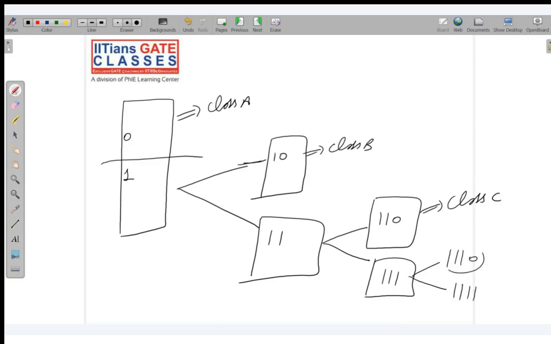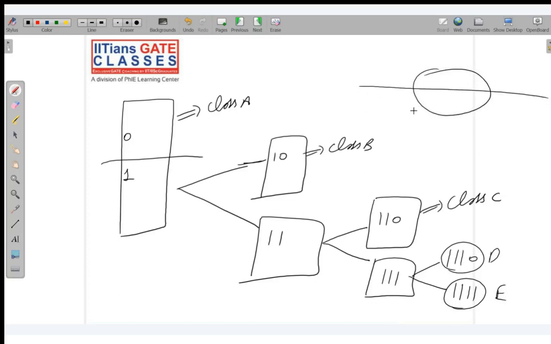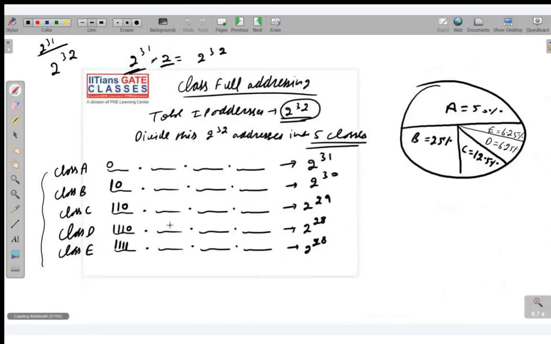So this is given to class D and this is given to class E. Are you getting it? You can imagine it just like a circular cake we are having: half, then 1/4, then like this. So these are your classes. Take a snapshot. Now they are going to ask about first and last addresses.